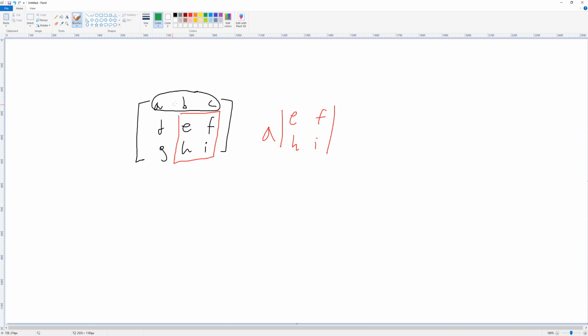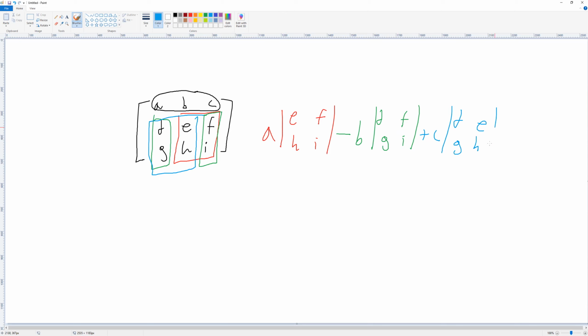Then we're going to subtract this one: minus B times the determinant of D, F, G, I, because those are the terms that are not in the same row or column as B. And then plus C times the determinant of D, E, G, H. These 2 by 2 determinants we just showed how to evaluate.